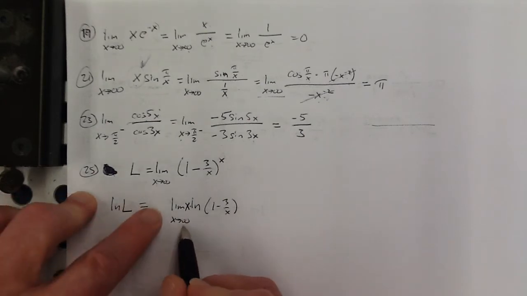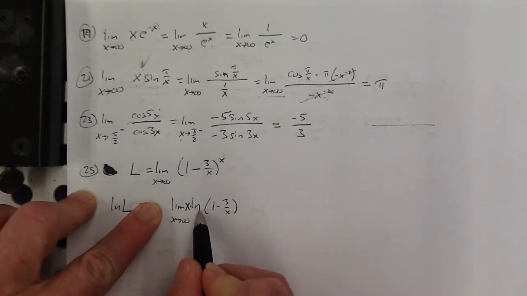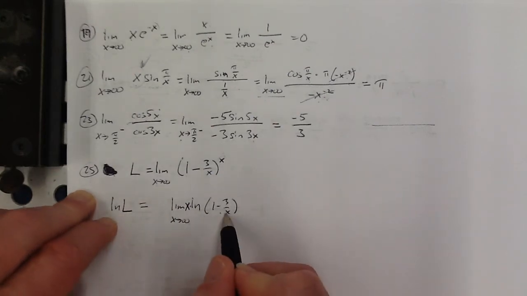And that turns it into, if I plug in infinity now, infinity times the natural log of 1, which is 0. So it turns it into an infinity times 0.